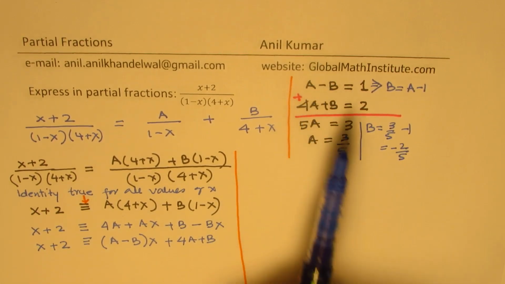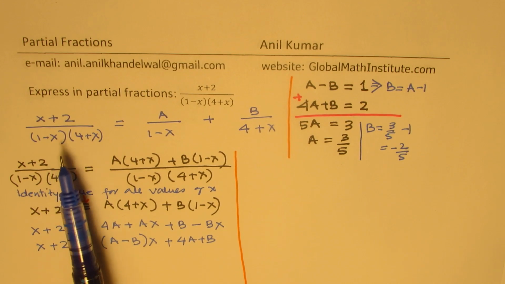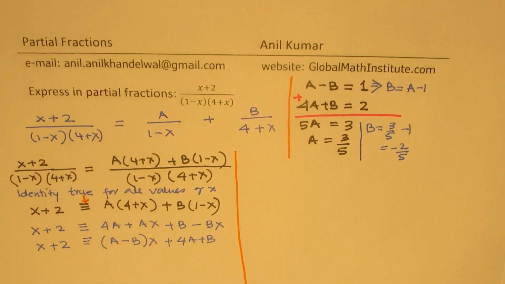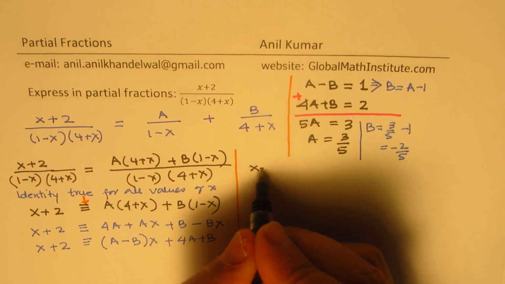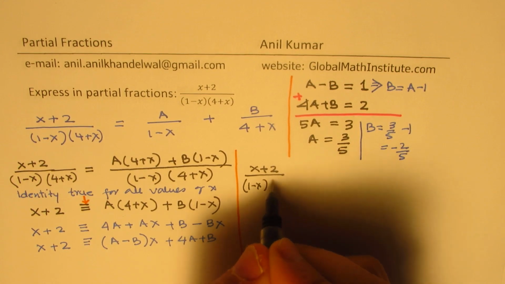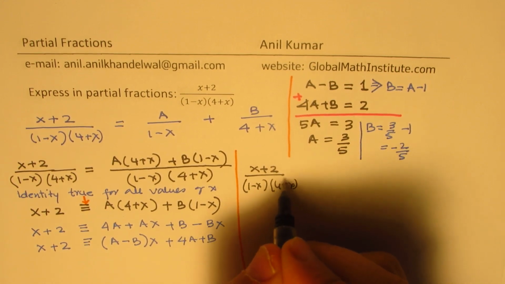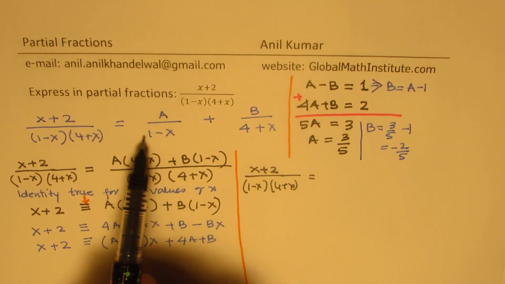So you get the values of a and b, and therefore now you can write this rational expression x plus 2 over 1 minus x times 4 plus x as equal to, a is 3 over 5. We wrote this as a over 1 minus x, right?